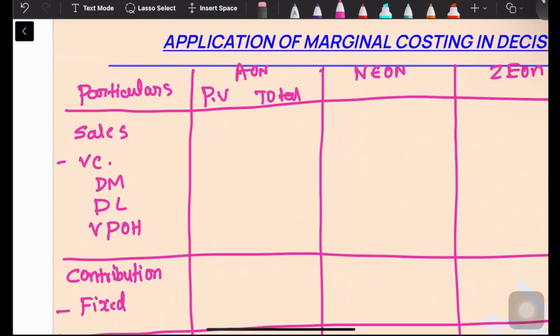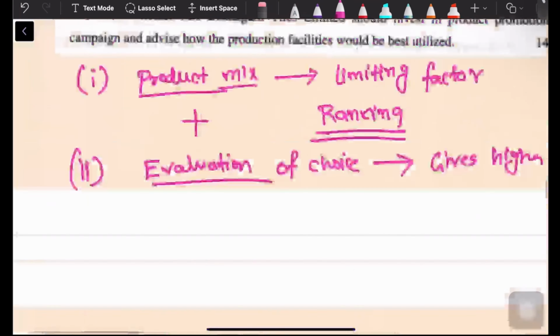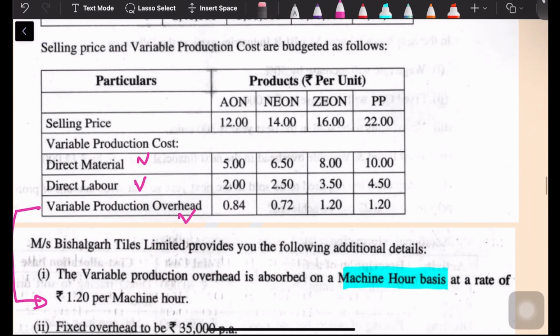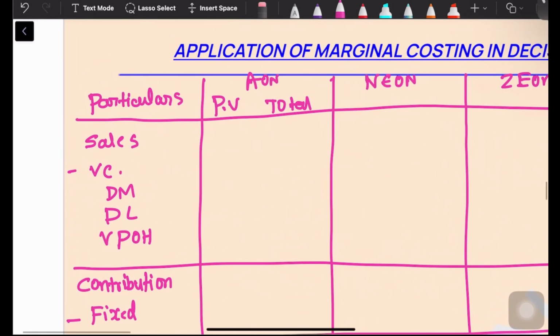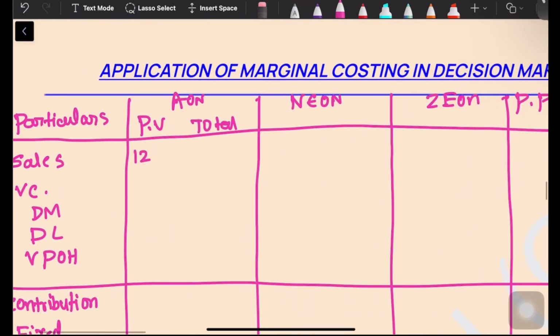Now let us start with the sales of AON. So 12, 14, 16 and 22. After that, let's go one by one. 5, 2 and 0.84 for AON.